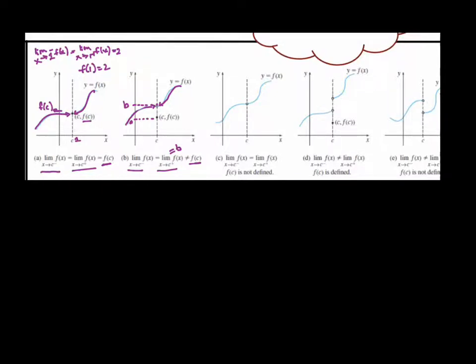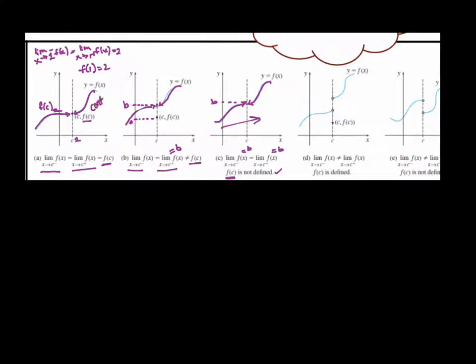Now here, we have the limit from the left equaling the limit from the right. We'll call that b. The limit as x goes to c from the left is b, and from the right is b, and so they're equal. But f of c is not defined. There's no dot at c. I should go back: when we had all these true, that was continuous.